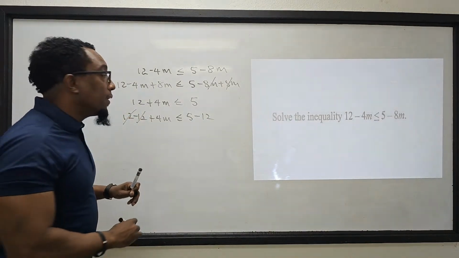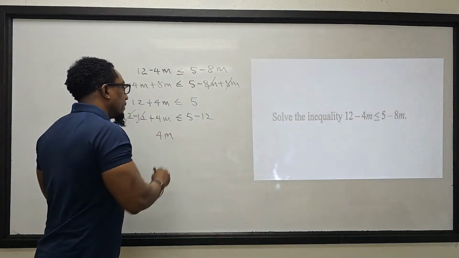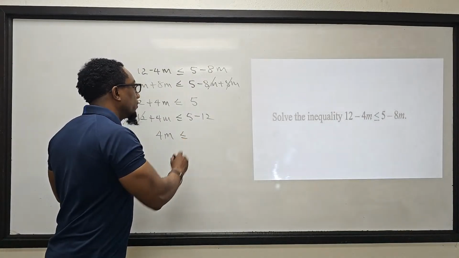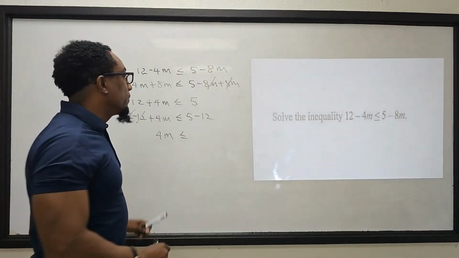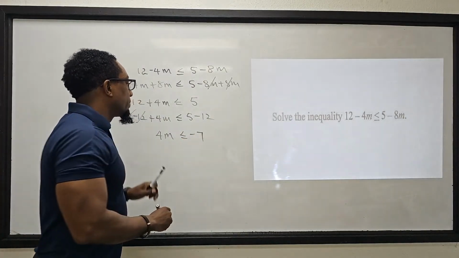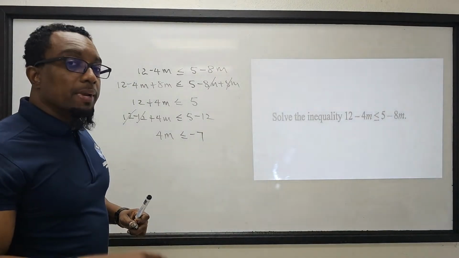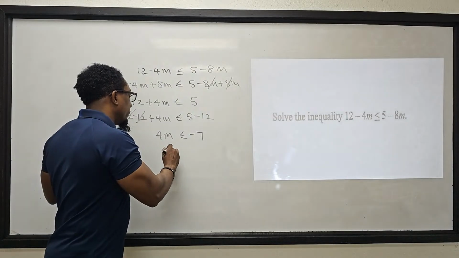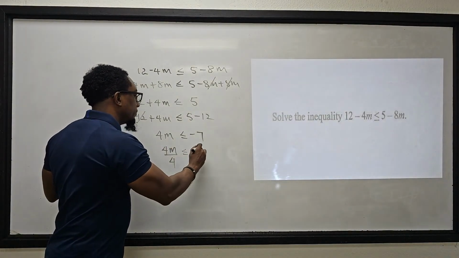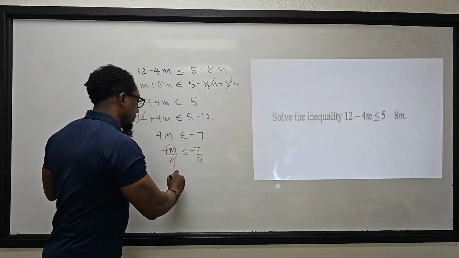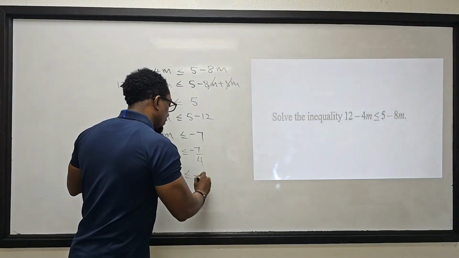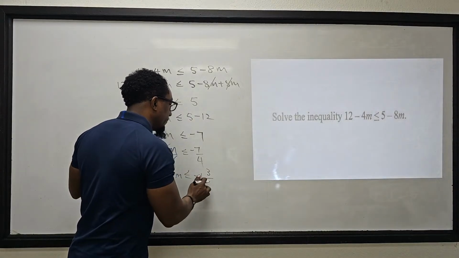I'm left with 4m. Positive 4m is less than or equal to 5 subtract 12, which is negative 7. And now to make m the subject, where m will be a positive result, I divide both sides by 4. So m is less than or equal to negative 1 and 3 over 4.